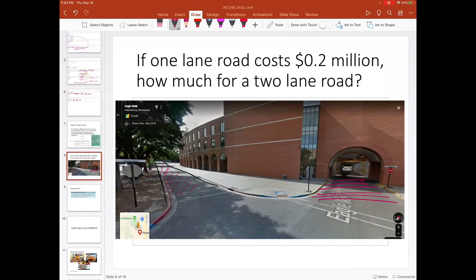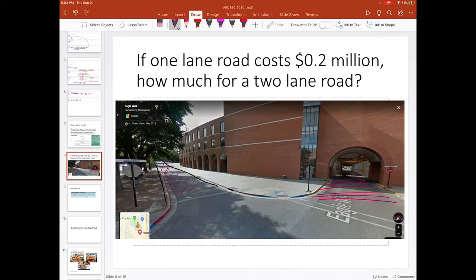Maybe the same number of pavers, the same number of construction machines, the same number of workers. You just need longer time, you just need more material, right? So the cost for you to transport those machines and people to the site stays the same, okay? Which will keep the cost for 2 lane pavement maybe much lower than double the 1 lane pavement.